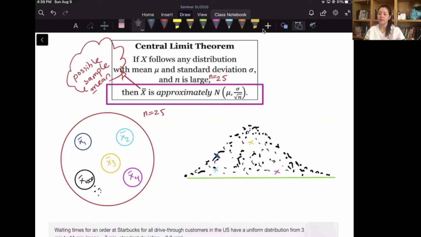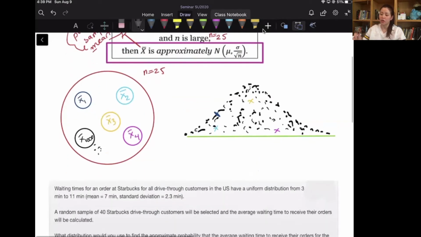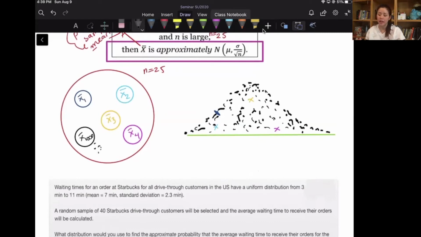That's what the central limit theorem says. As the sample size gets bigger and bigger, the curve is going to get narrower and narrower, and your sample mean will get closer and closer to the population mean.